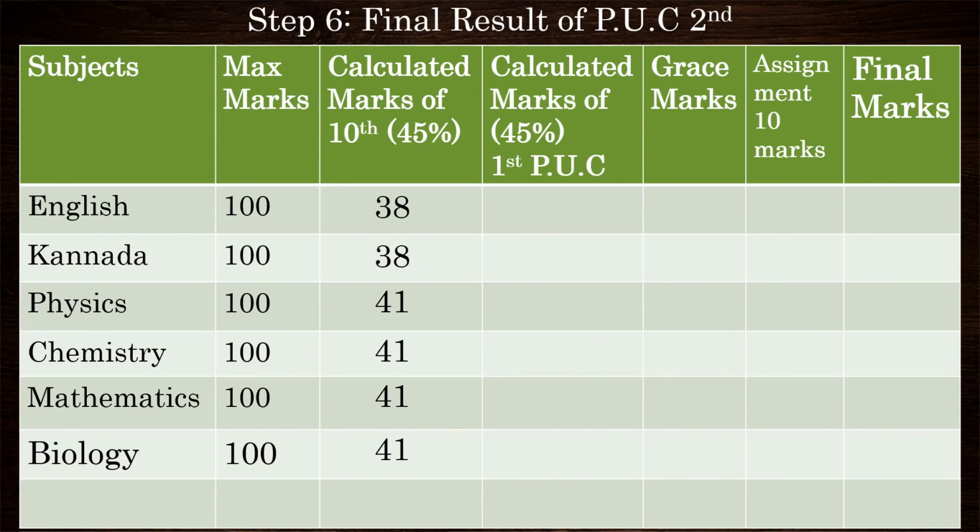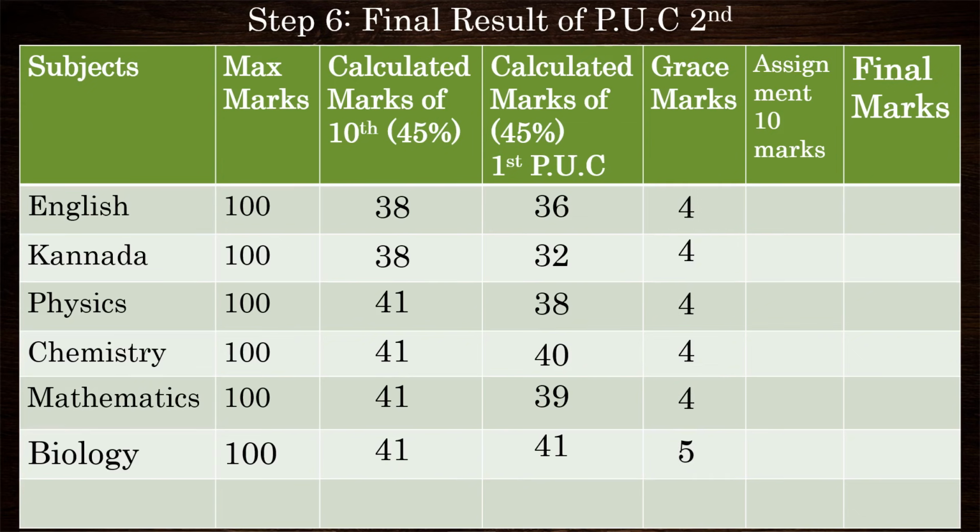45% those marks which you have calculated, and those are 36, 38, 38, 40, 39, 41, 36, 32, 38, 40, 39, 41. And the grace marks which we have calculated for PUC first year for each of the subjects, those are 4, 4, 4, 4, 4 and 5.